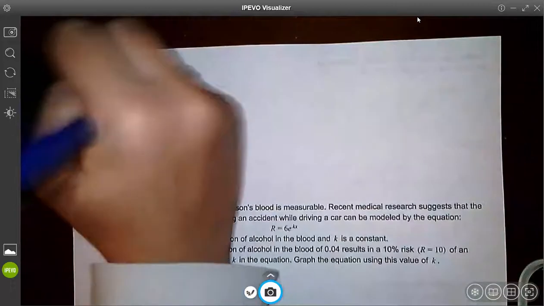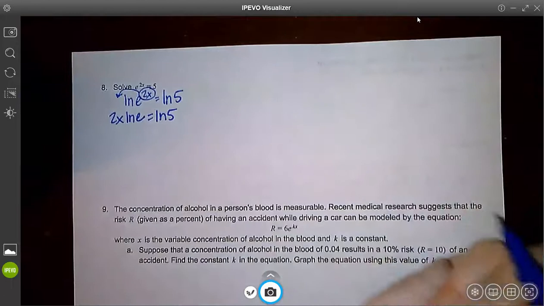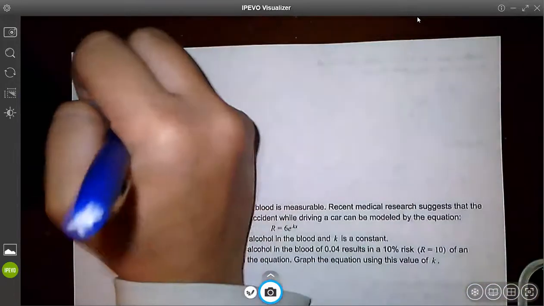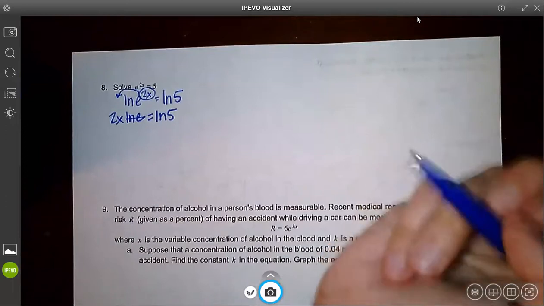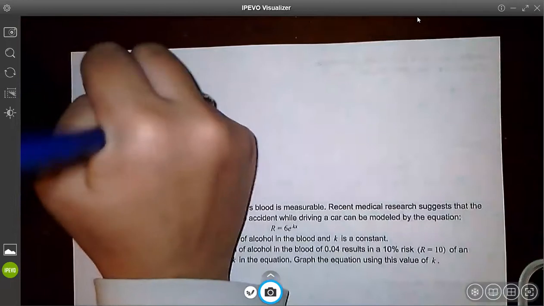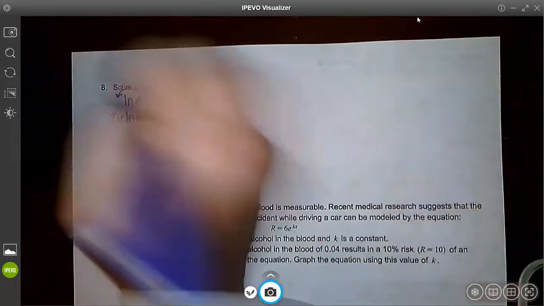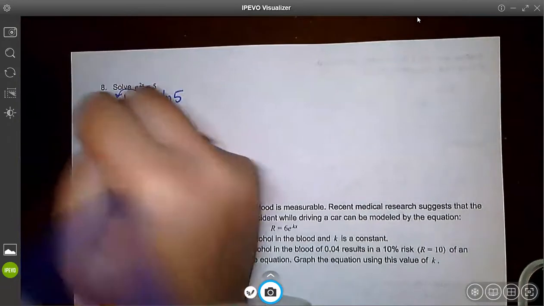We have 2x times the natural log of e equals the natural log of 5. The natural log of e cancels out as they are inverses of each other. It's like multiplying and dividing by 5 or something at the same time. You can check that in your calculator. You get 2x equals natural log of 5. Divide both sides by 2. And then plug this in your calculator.